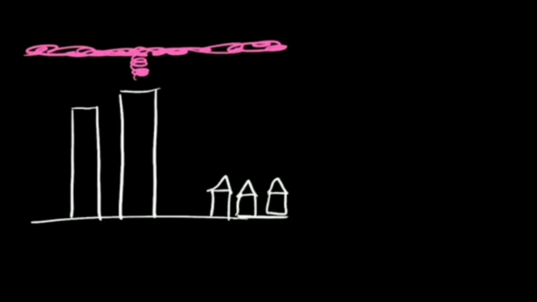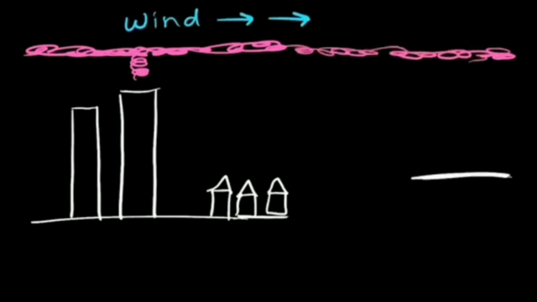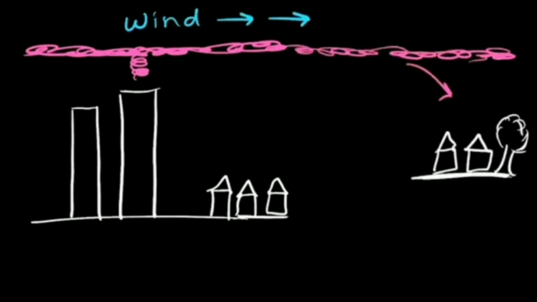Instead, what ended up happening is that these pollutants were carried by the wind to communities and natural environments downwind of where they were being created, up to 1,000 kilometers or over 600 miles.